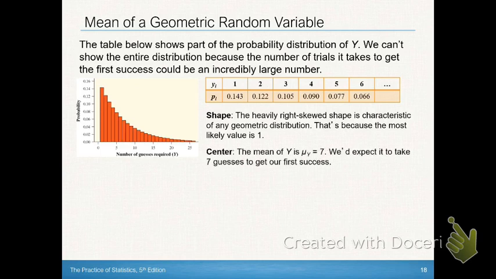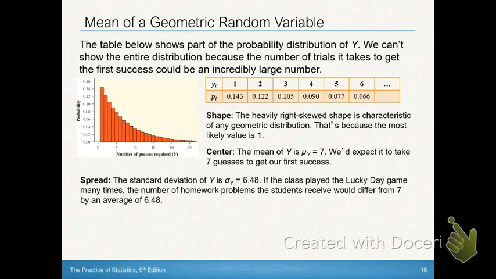Now, in terms of the center, the mean will be found through the formula 1 over P, where P is the chance of success. So for this problem, that would be 1 over 1/7. And of course, remember that dividing by a fraction is the same as multiplying by the reciprocal. And that's where we end up with this mean of 7.